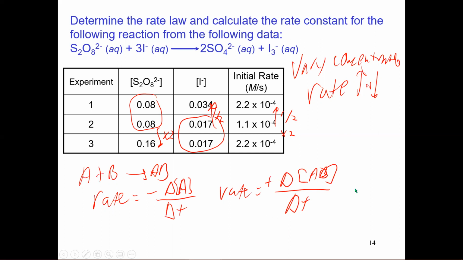So again, it's very important to understand the distinction, but then the other way you have it is related to the concentration of A and B. So the rate will be equal to the rate constant times the concentration of A and the concentration of B to the X and the Y power, depending on what kind of reaction you're dealing with here.